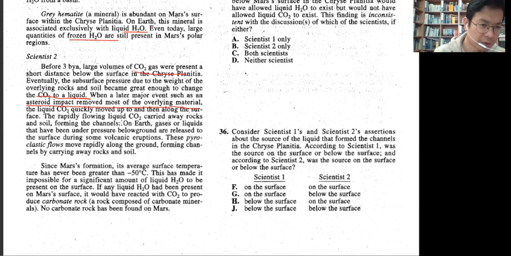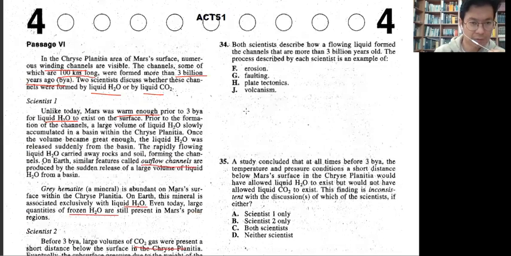Then the rapidly flowing liquid CO2 carried away rocks and soil, forming channels. Okay. That's what they call pyroclastic flows. And the temperature has never been greater than this, so it's always cold. That's why CO2 is frozen. Okay.